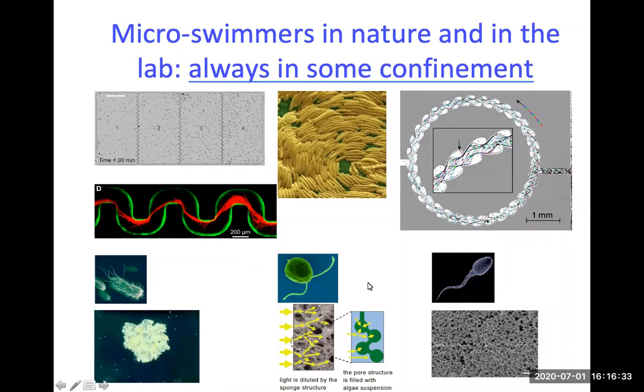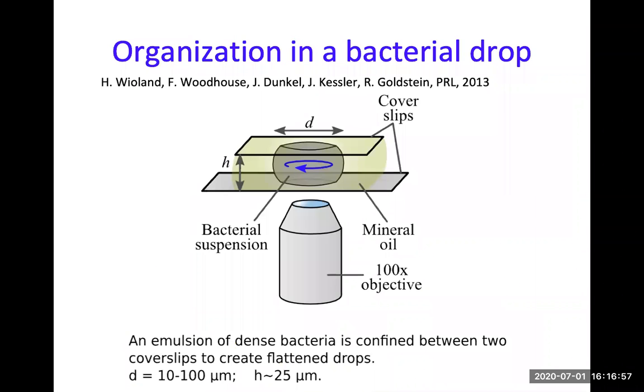Algae, for example, are used in bioreactors, so you have these glass sponges. It's a porous structure. And spermatozoa, as everyone knows, have to move through a network of filaments to get where they have to go. So it's complex confinement. It's not simple.